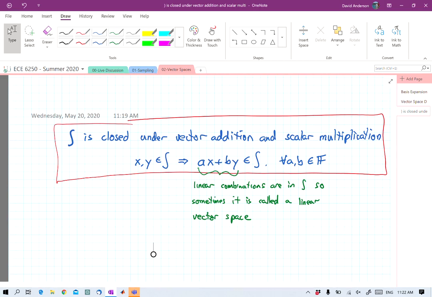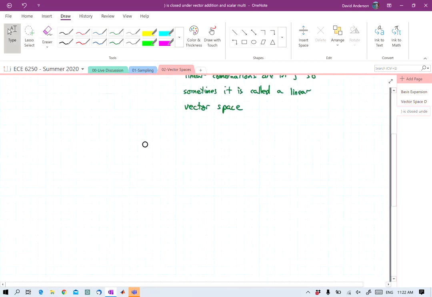Okay, so let's go through a few examples of what vector spaces are and are not. The first one would be Rn.